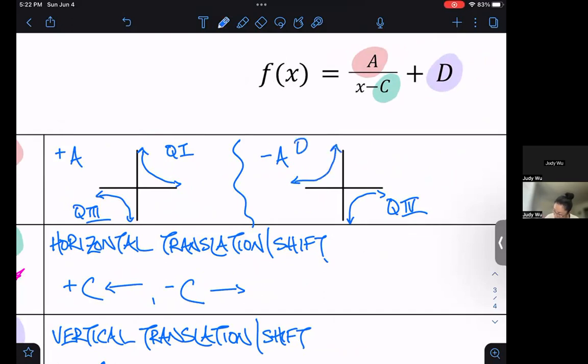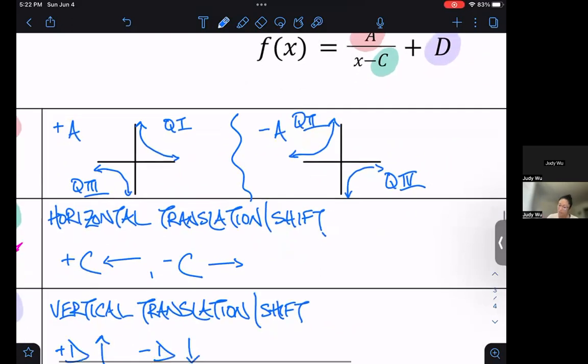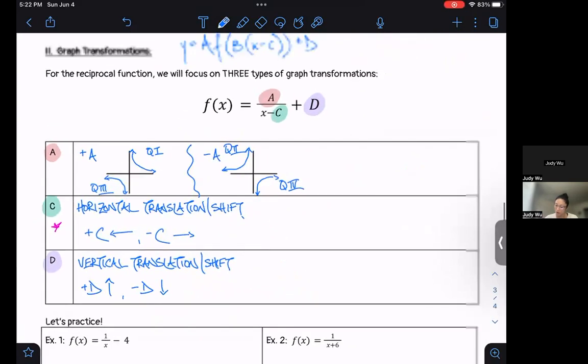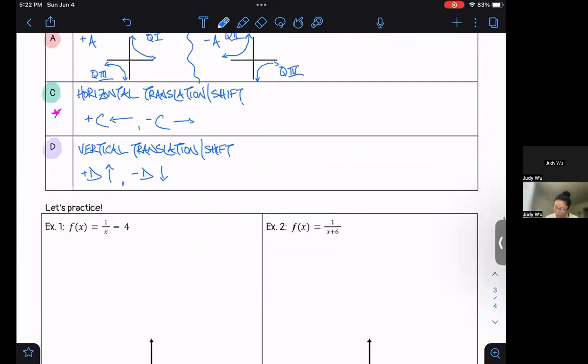So we're not really focusing on stretching and shrinking. We're more thinking about where the branches are: are they in quadrant 1 and quadrant 3, or quadrant 2 and quadrant 4? Okay, let's practice. We're going to do a few examples and then call it a day.